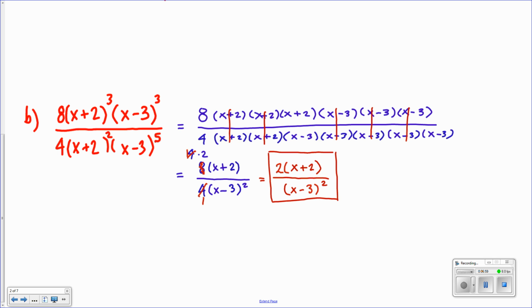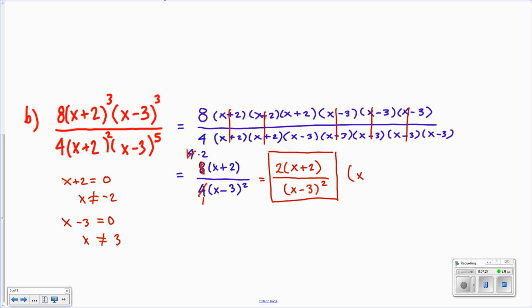But now we can ask ourselves, what values of x would give us 0 in the denominator? Well, you take x plus 2 and set it equal to 0, you'll find that x cannot equal negative 2. And if we take x minus 3 and set it equal to 0, we get that x cannot equal positive 3.